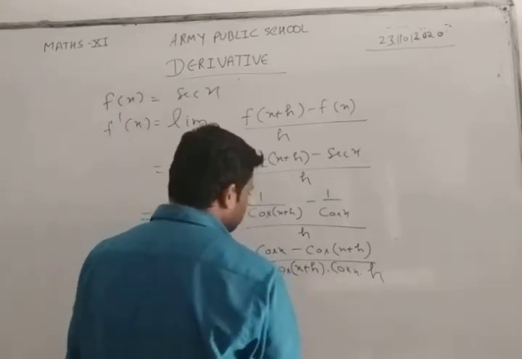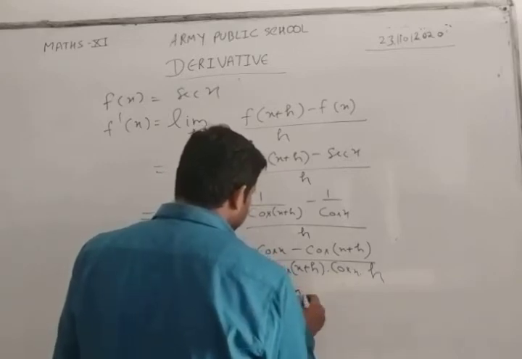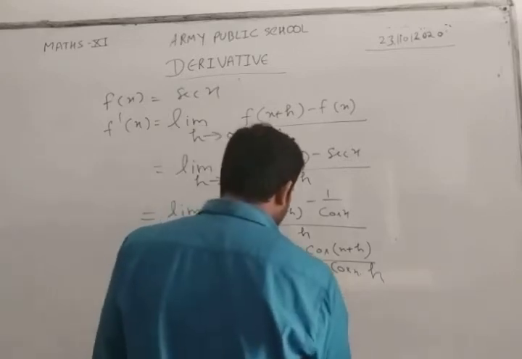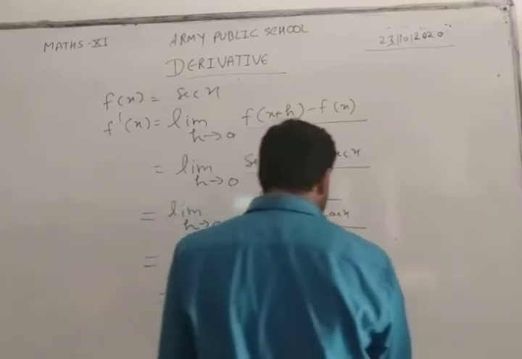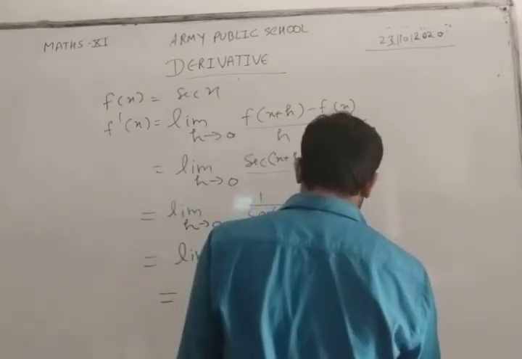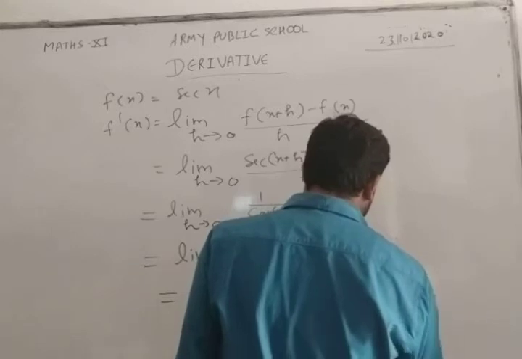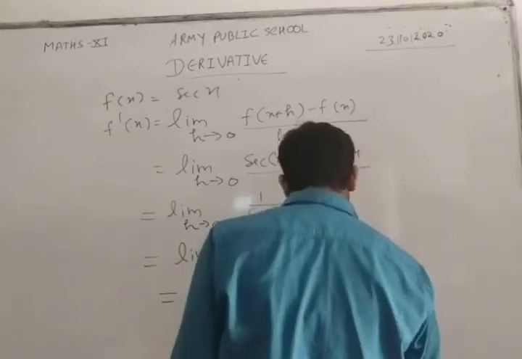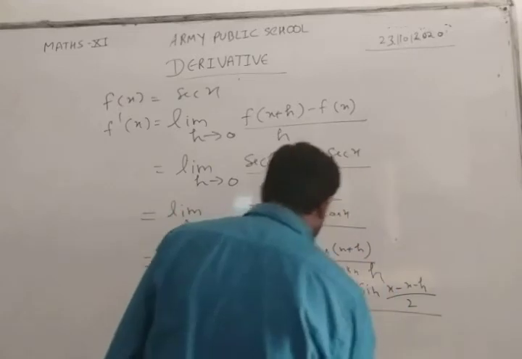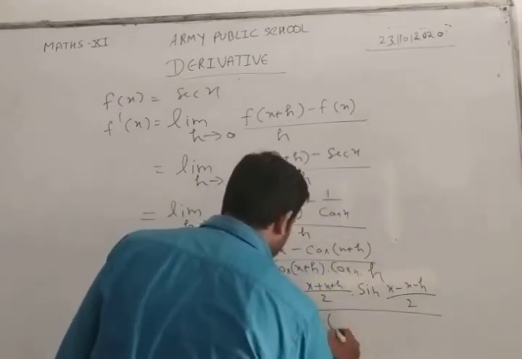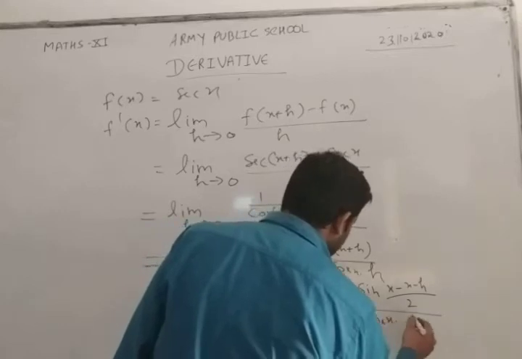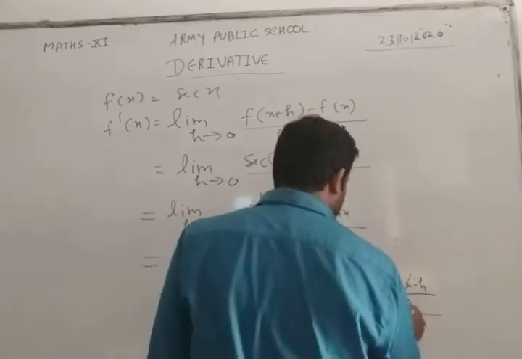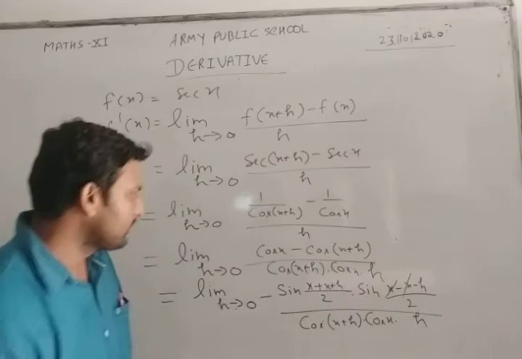Minus sin c plus d by 2 into sin c minus d by 2 and divided by cos x plus h cos x into h. This x and x will reduce.